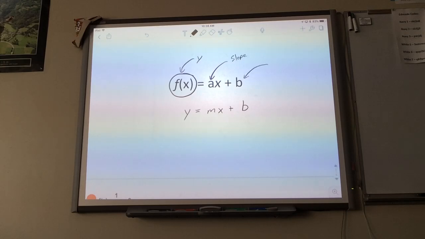And our b is our y-intercept. And our y-intercept, a lot of times they like it to be in the form of a point, actually. So 0, comma, b. Because we use that number. Okay, so that's just a reminder.